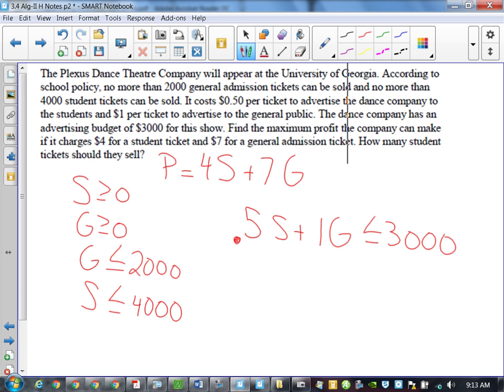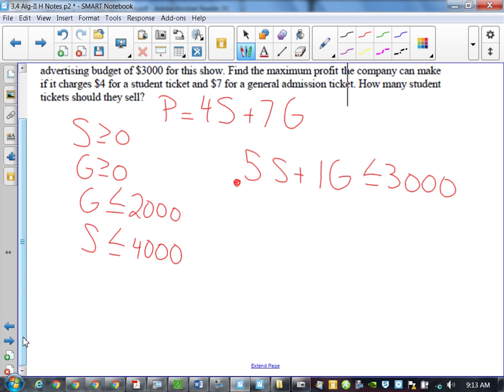I will say one thing, a lot of times that I mess up with this problem, since I did student first, a lot of times I call that my X value, even though it comes later in the alphabet. So just be careful when you label your stuff. Everybody's okay that we know it's going to be a first quadrant problem, right? Okay.